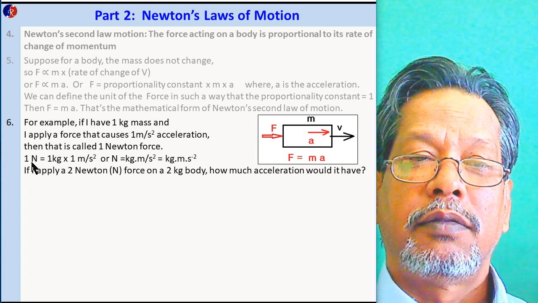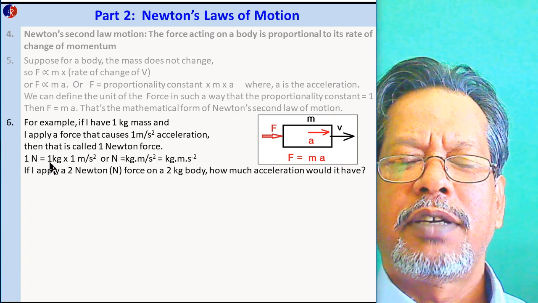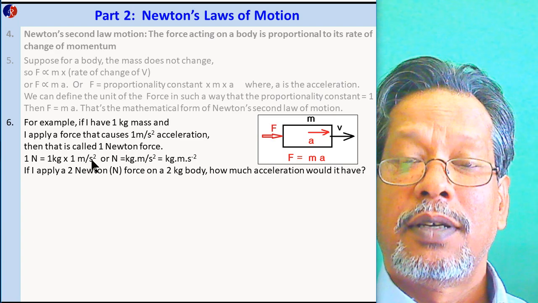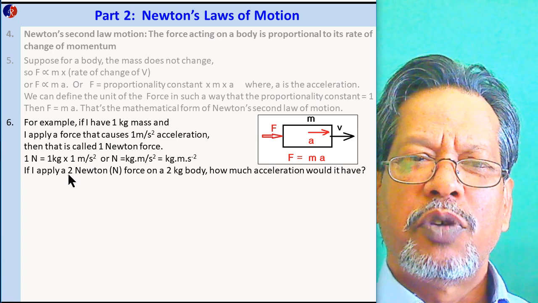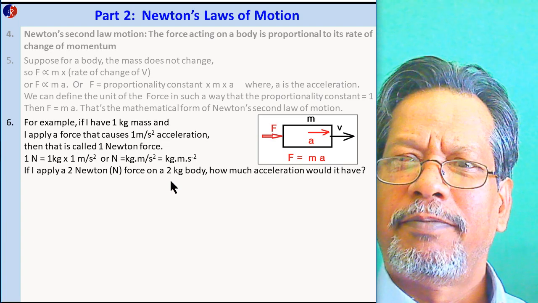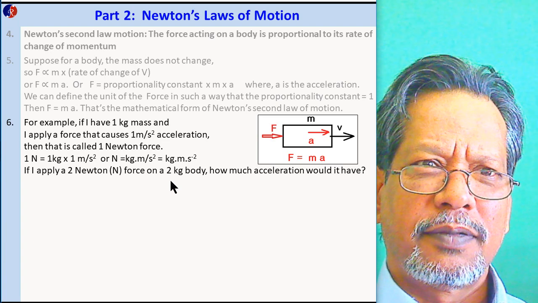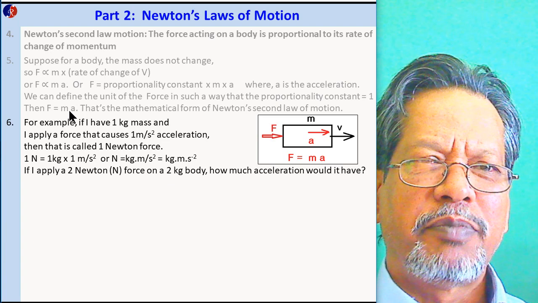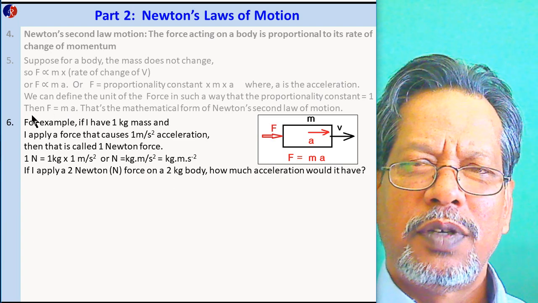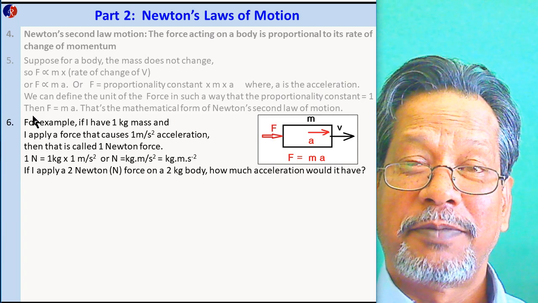The same thing. 3 Newton on 3 kilograms will cause 1 meter per second squared acceleration. Change these numbers a little bit, ask them to solve 1 or 2 more problems till it sinks in. They would make mistakes because they have to flip this formula to find acceleration. They have to divide force by m, mass.